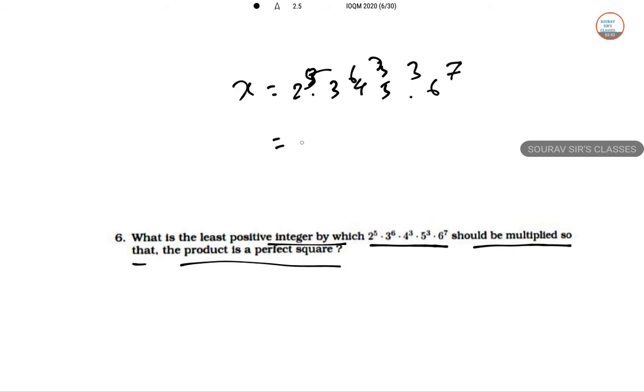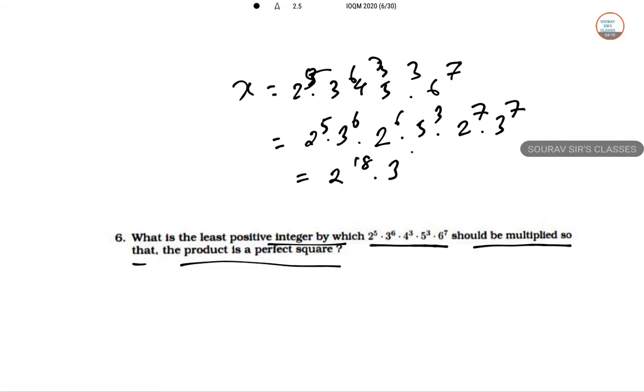So if everything is in terms of the lowest possible primes, 2 to the power 5, 3 to the power 6, 4 cube is 2 to the power 6, 5 cube, and 6 to the power 7 is 2 to the power 7, 3 to the power 7. So this is 2 to the power 18, 3 to the power 13, and 5 cube.